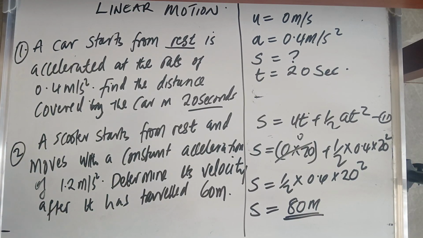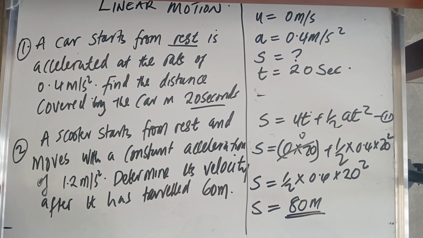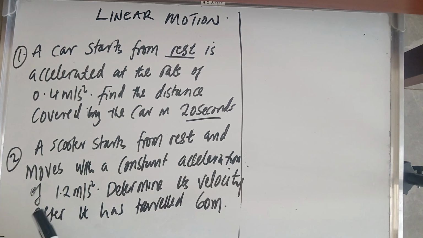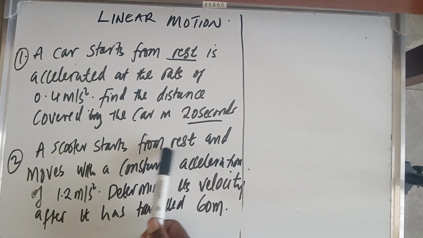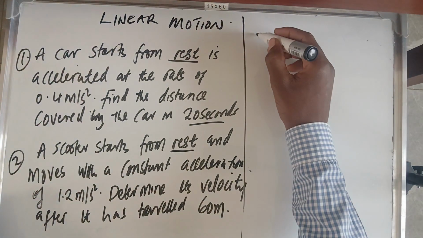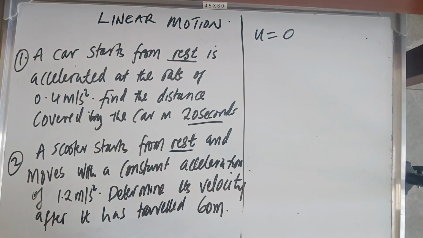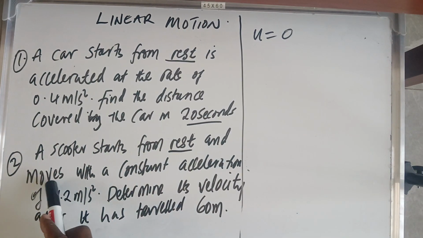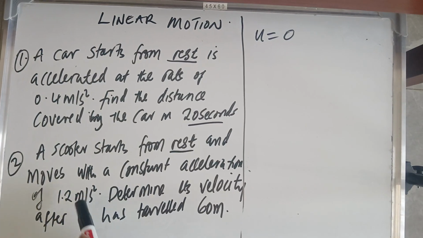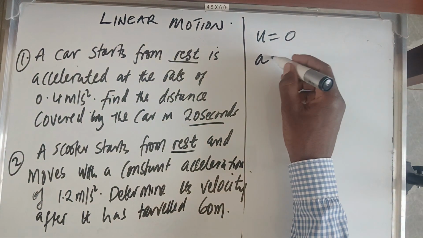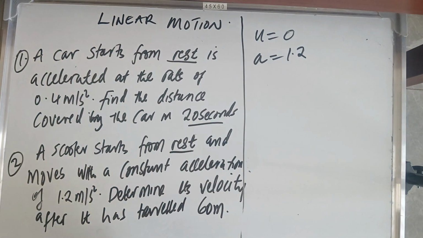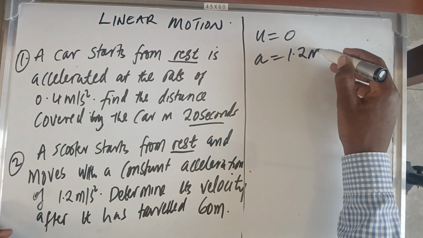Let's solve question number 2. A scooter starts from rest, so we already know there is an initial velocity of 0. It moves with a constant acceleration of 1.2 meters per second squared, of course.